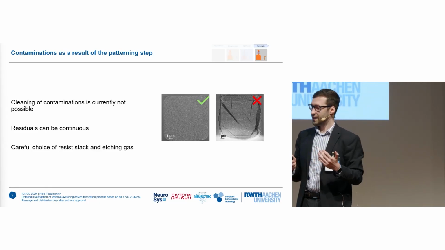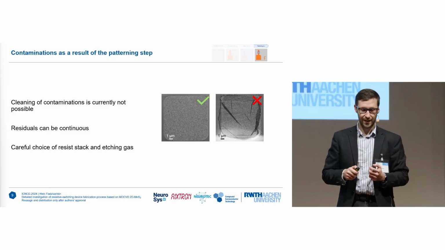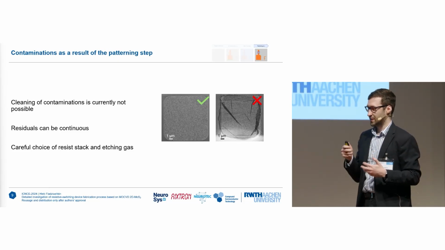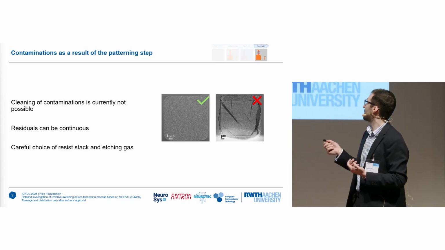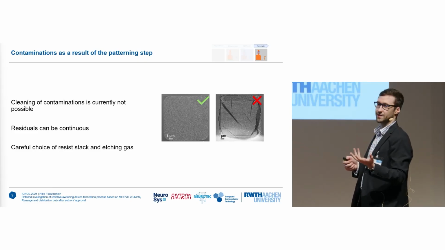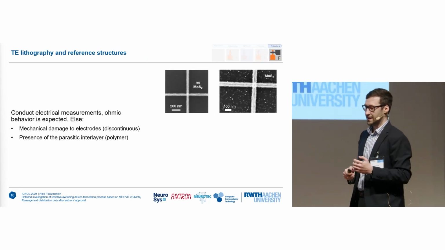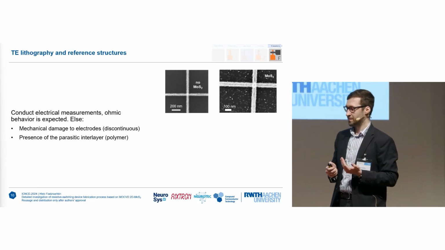So here you would basically have to carefully find a combination of the materials that would fit your two-dimensional material in order to end up with this nice, clean result. Now, let's move on to the last fabrication step, which is top electrode deposition.